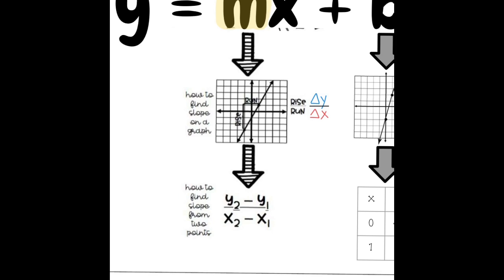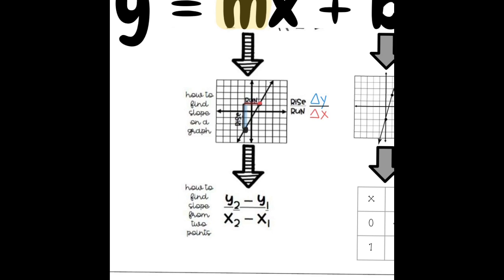And the way that you do that is you focus in on 2 dots on the graph. This is all in your slope packet. Focus in on 2 dots on the graph, and you count how many boxes it takes you to move up, that's your change in y, and then how many boxes it takes to move over, and that's your change in x. We practiced that. If you didn't do that video, you should go back and do that.